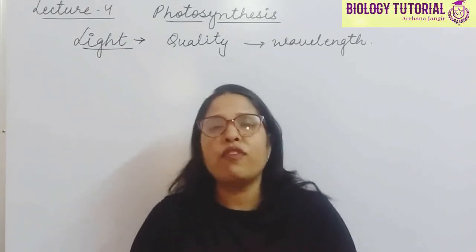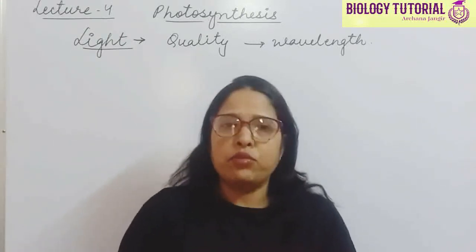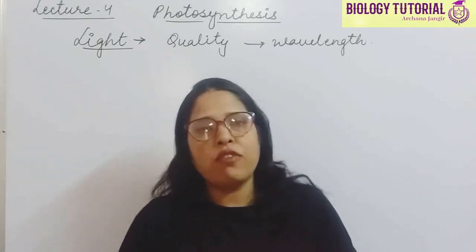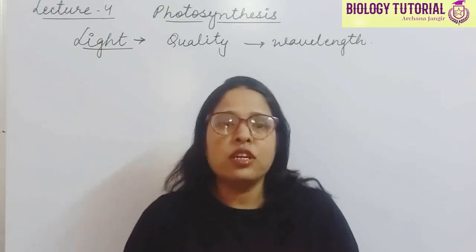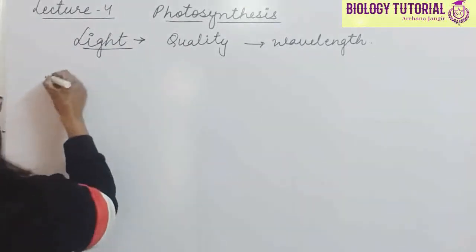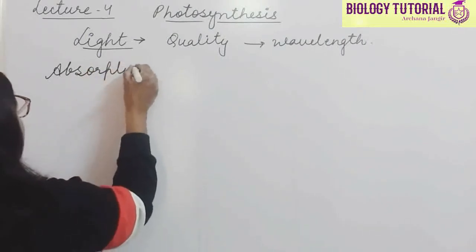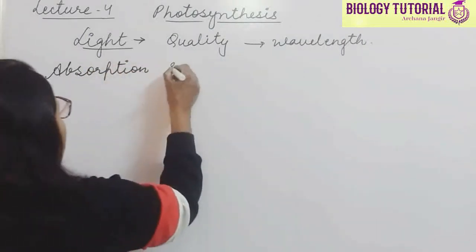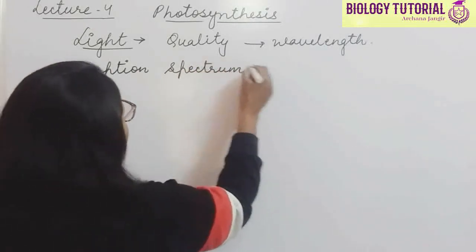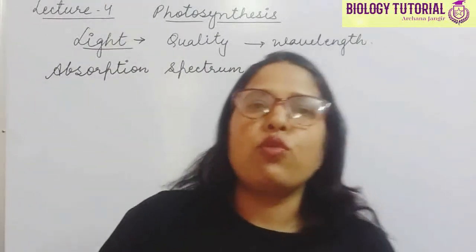This quality of light is discussed by the absorption spectrum and the action spectrum. So first of all, we will discuss the absorption spectrum. Clear? So here is the absorption spectrum. This absorption spectrum is obtained by using a spectrophotometer.